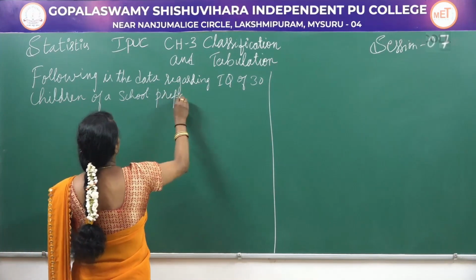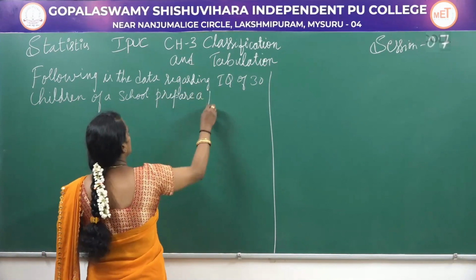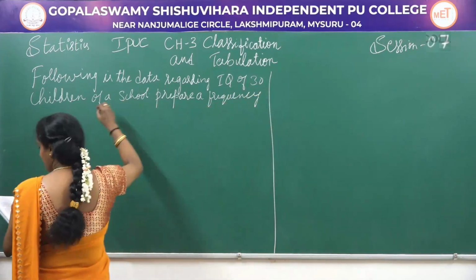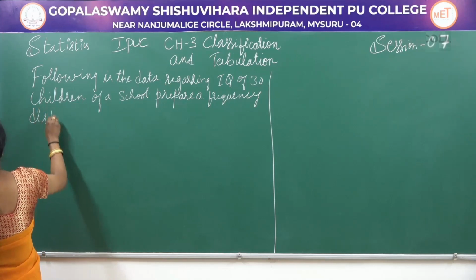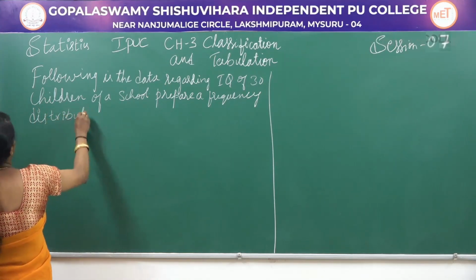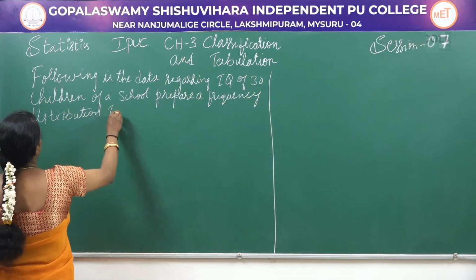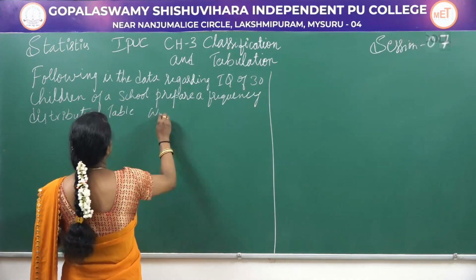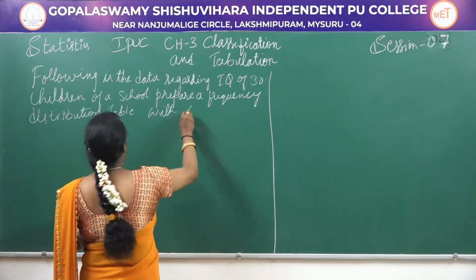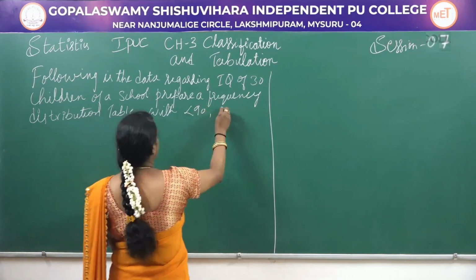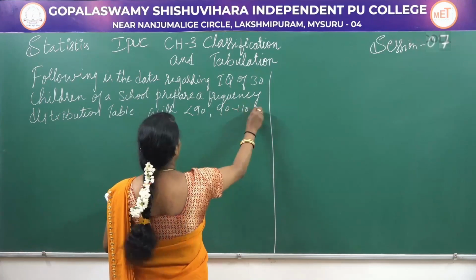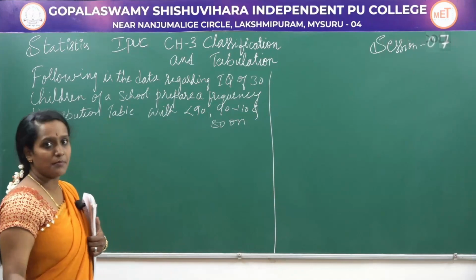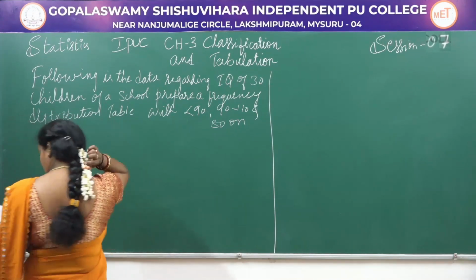Prepare a frequency distribution table with less than 90, 90 to 110 and so on. Okay, this is the problem and they have given the data also.